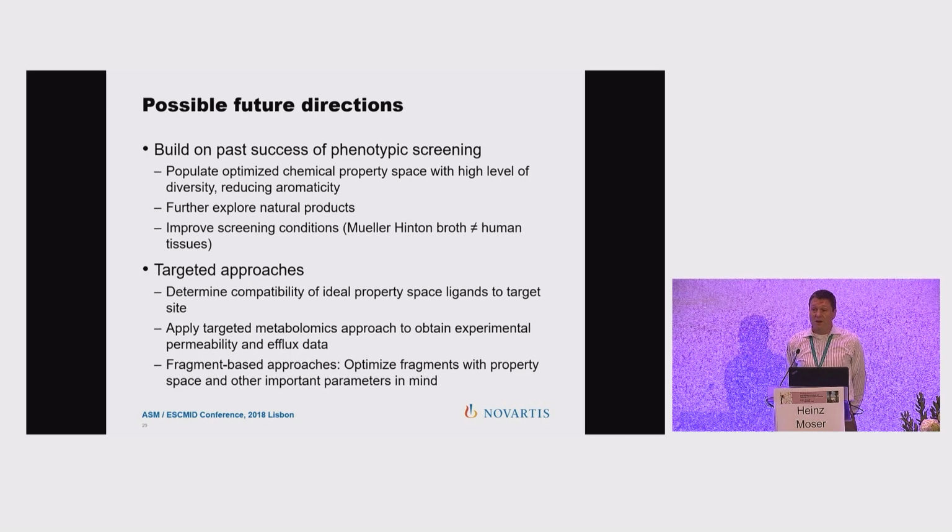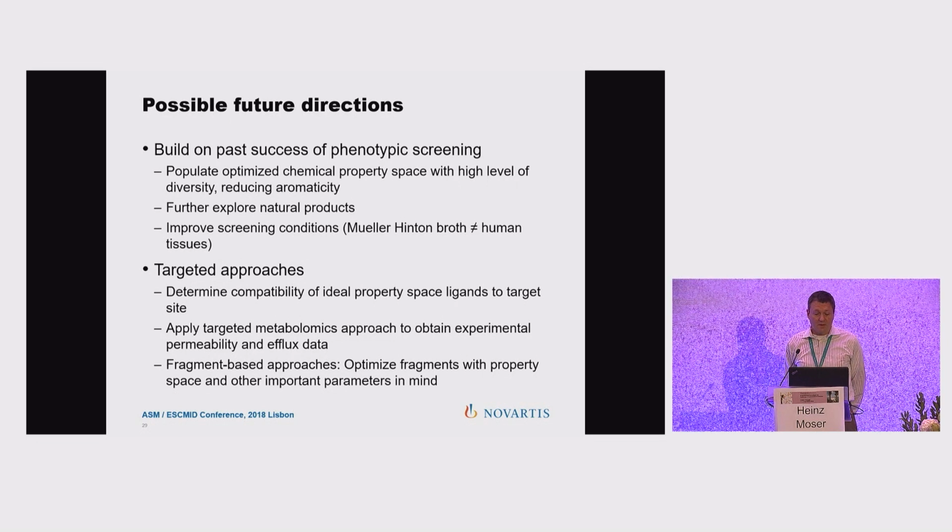And then also change the screening conditions. Well, I wrote it down here, Mueller-Hinton broth does not equal human tissues, but I'll let you think about that. But I do believe we need to become smarter than just continuing screening in Mueller-Hinton broth.